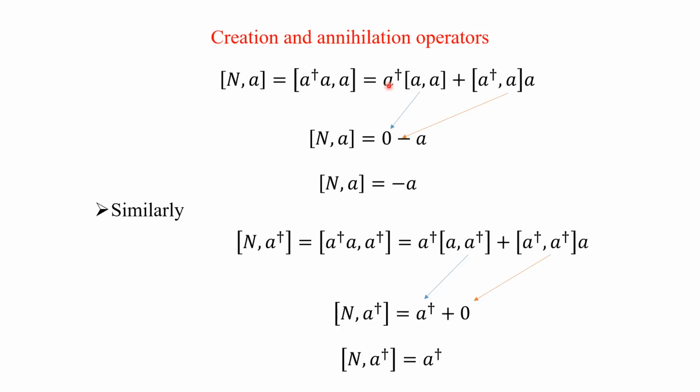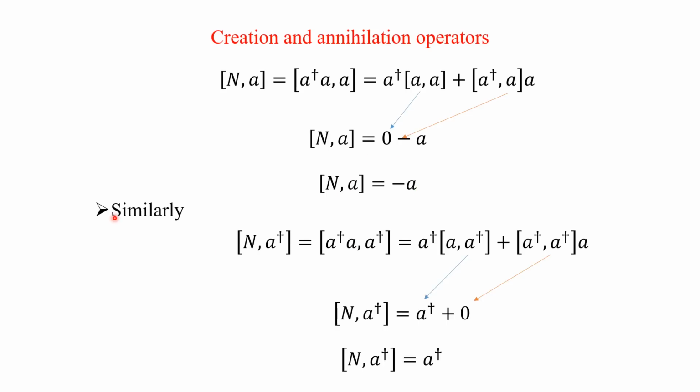We are not supposed to change the order of the operators, because a and a dagger are operators. It is also a well known fact that a commutes with itself, so the first term will become 0. The commutator of a dagger with a is equal to minus 1. So this will become minus a. In turn, the commutation of n with a will become minus a.